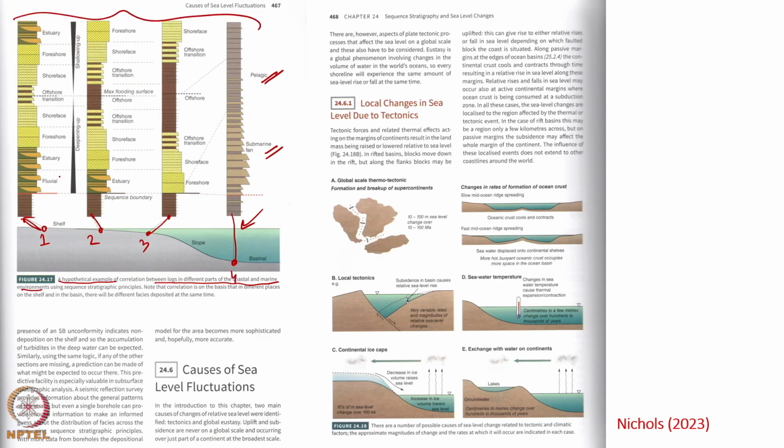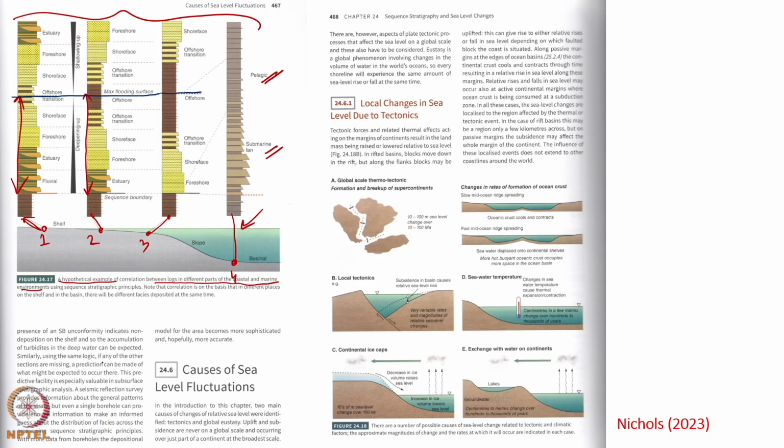Now, even though the exact lithology here and the exact lithology here can vary, one observes in these two sections that the maximum flooding surface can be tracked in the offshore region. This is the advantage of studying sequence stratigraphy.